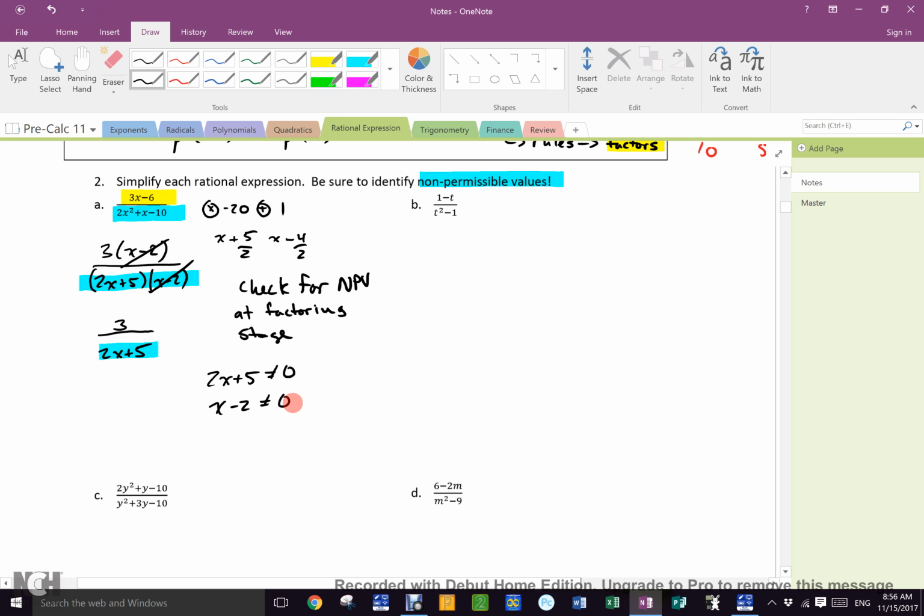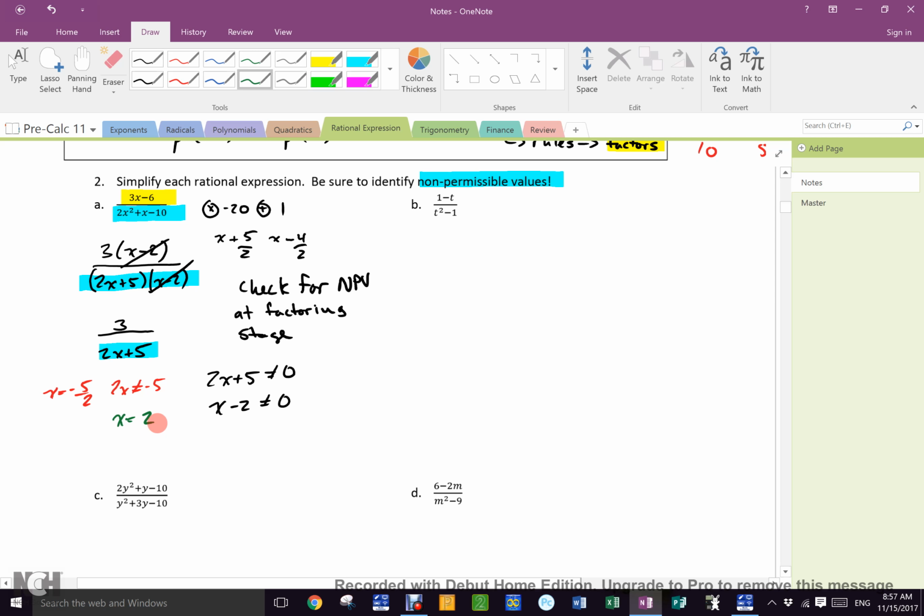Right? Now I'm going to give you a hint. Because when you solve this, you're going to move that 5 over, and 2x can't equal negative 5, so x can't equal negative 5 over 2, right? And in this one, you're going to move that 2 over, x can't equal 2.